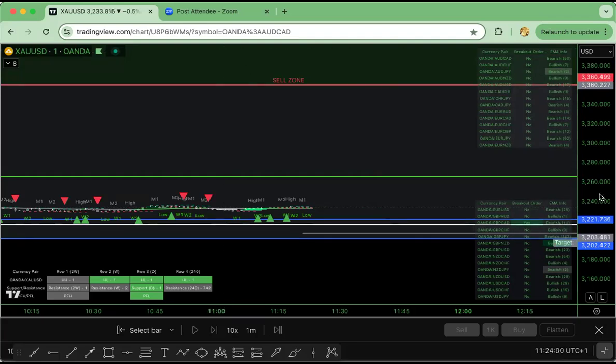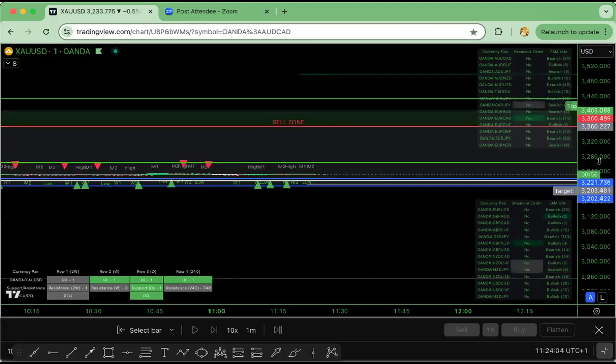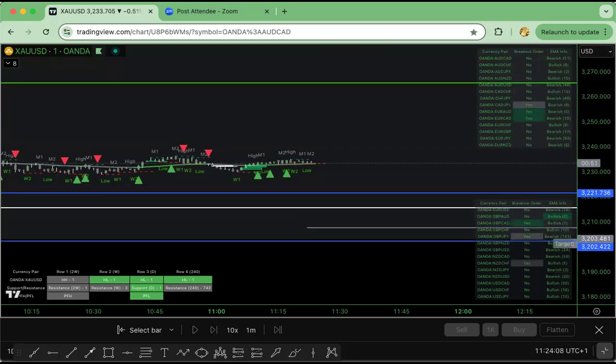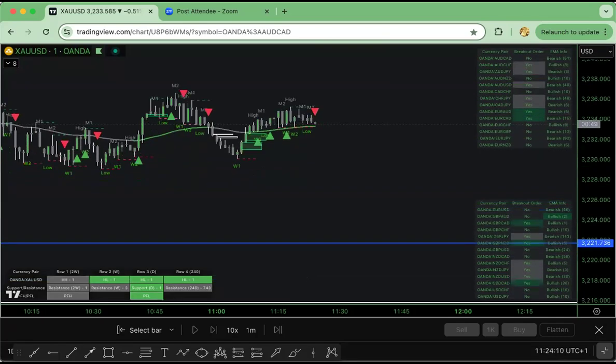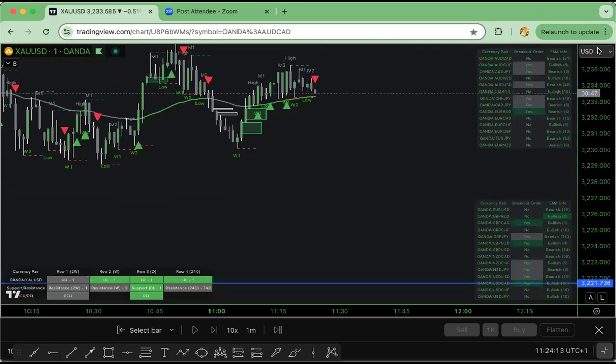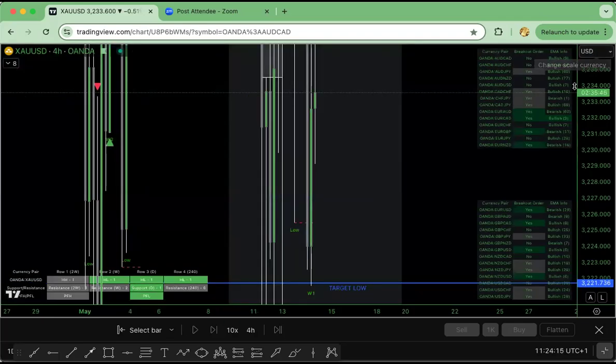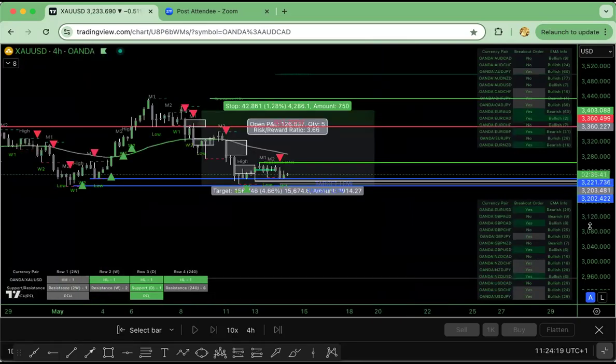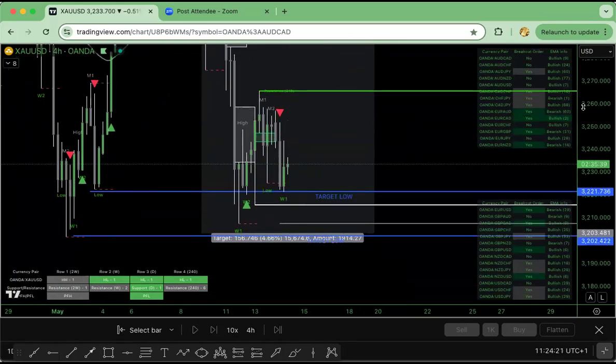No, you don't have to uncheck them. Just go over to your price on the right, and all you have to do is double click it and squeeze it up. Obviously, this is a 1 minute time frame, so it's going to be ridiculously small. But even if it does it on a 4 hour chart, you can see it's mad big. I just double click here on the price and zoom in. That's it.